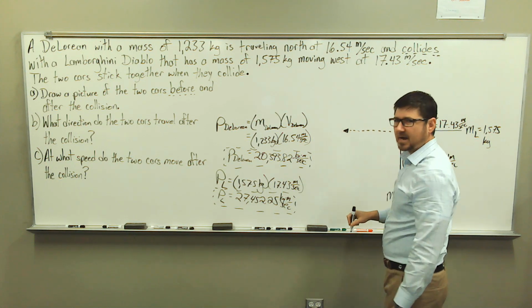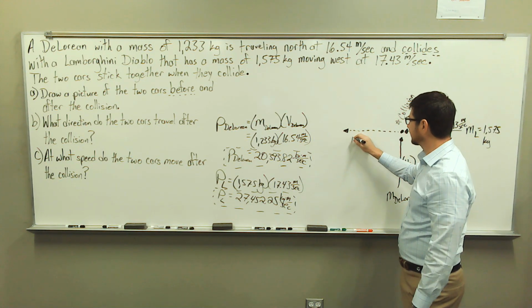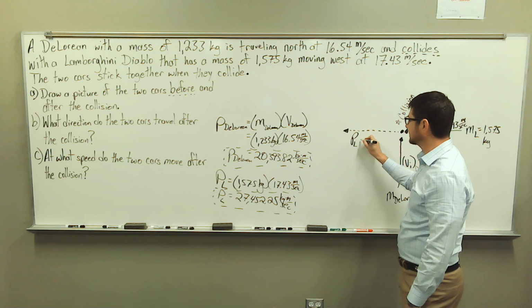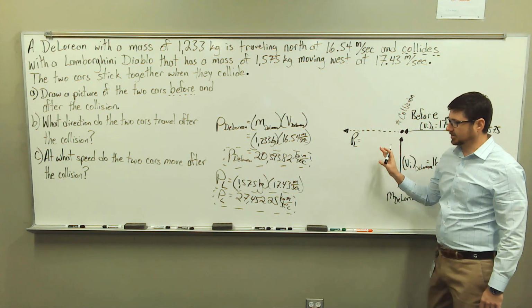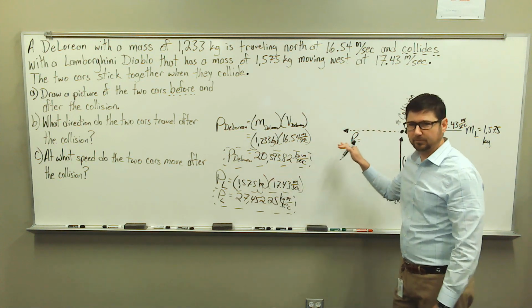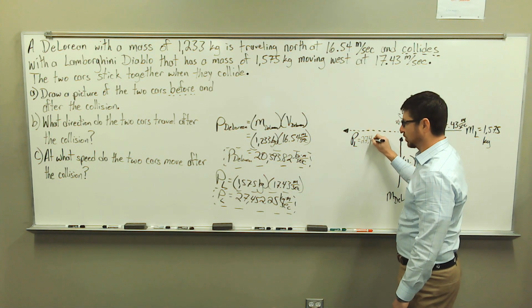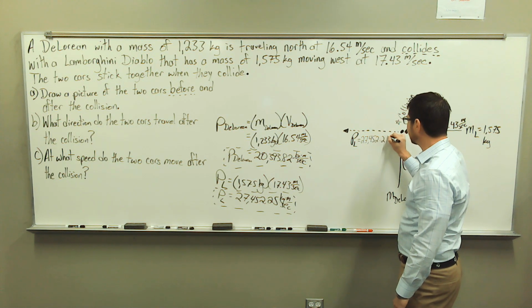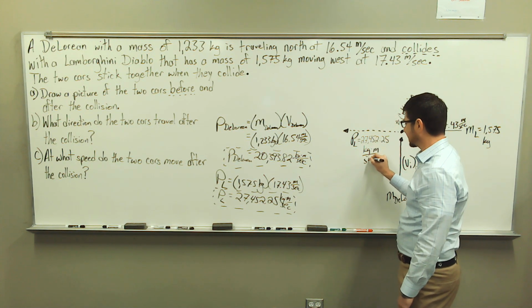I'm going to draw my x momentum vector first. This will be the momentum of the Lamborghini. To keep this clear, I'm just going to copy this value over here: 27,452.25 kilogram meters per second.